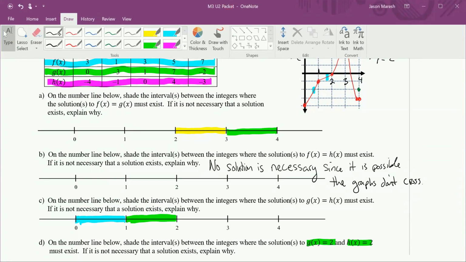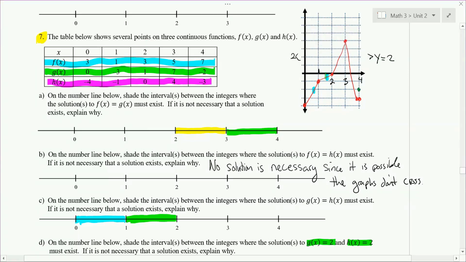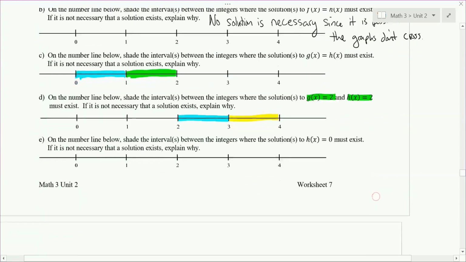So y equals 0 is our x-axis. Where is it crossing the x-axis? Well, it's on the x-axis at 2, and somewhere between 3 and 4. So between 3 and 4, and exactly at 2. So that's what I'm going to do. And we'll stop there.